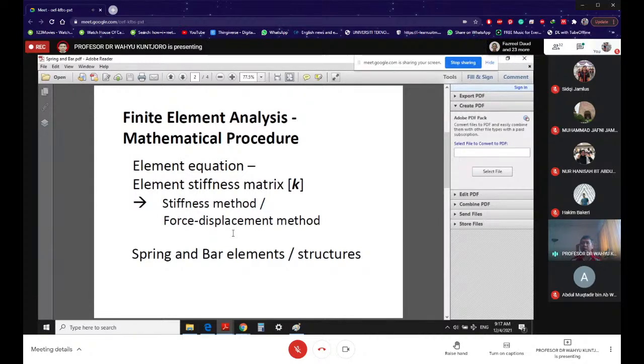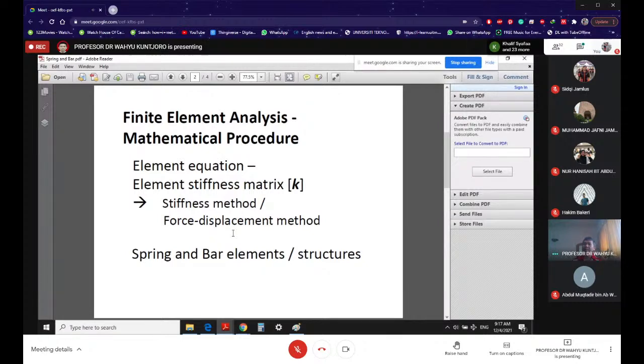When we talk about triangle membrane, then the size is going to be 6 by 6. And I think I've also shown you how the element looks. So now what we are going to learn is how you calculate the K, and of course you need to know how the K looks for every element.